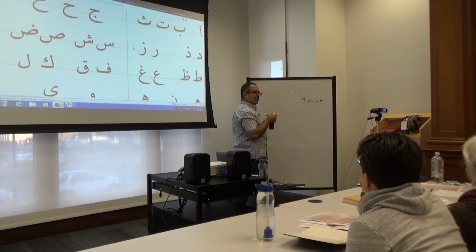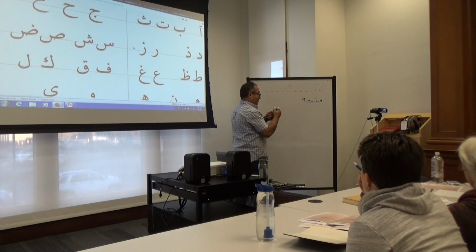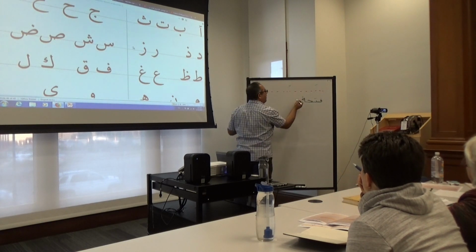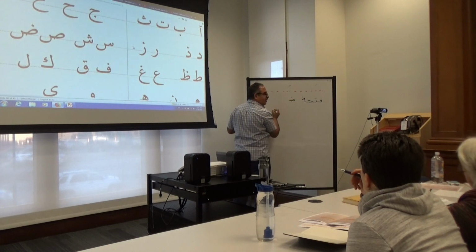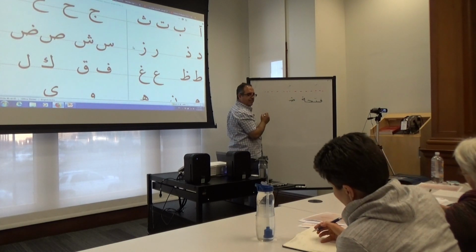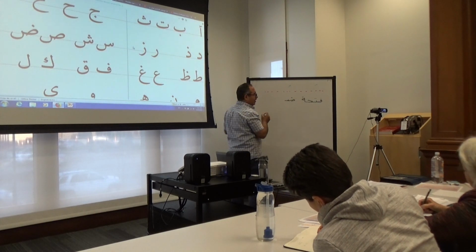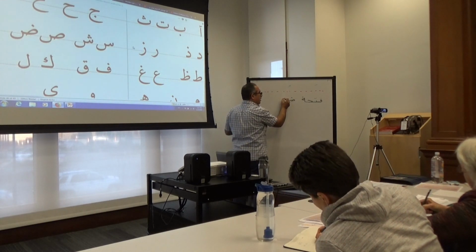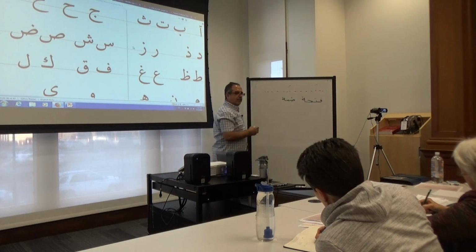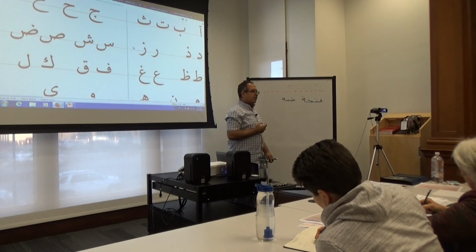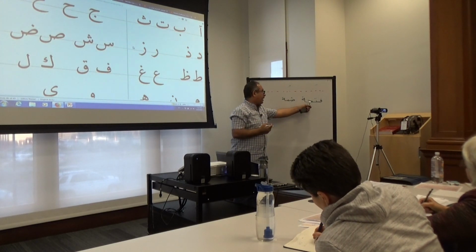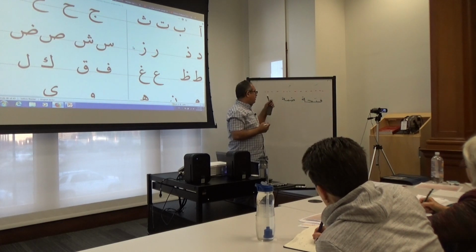That's one of the letters. I'm getting weak. Ba. That's your favorite letter right here. Mim. Bam. And we have Ta, which is Dhamma. Fatha. Dhamma. Okay?